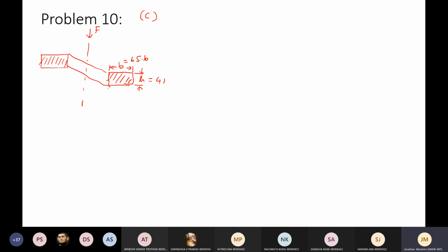Now with this in mind, what will happen to the other parameters? Here you have to take B as 65.6 mm, H as 41, exactly reverse. What about D value? D value is 6 times B, right? So how much does it come? 6 into 65.6.